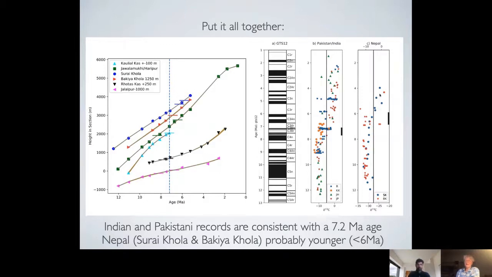The Suraikola record looks the neatest because this one goes over to C4 and then goes back. I don't know what that's about, but this record, the Suraikola record, suggests that in Nepal the transition must have been younger than the one in Pakistan and India.